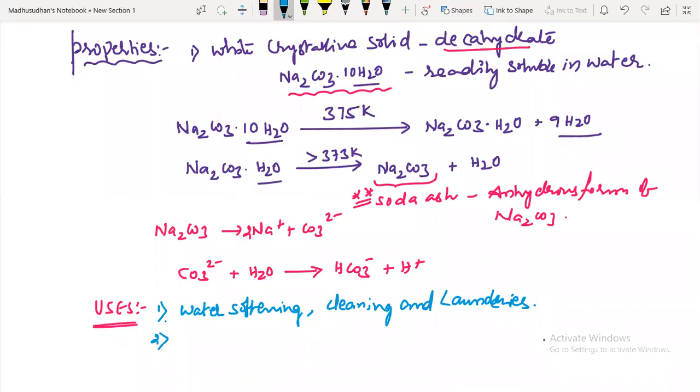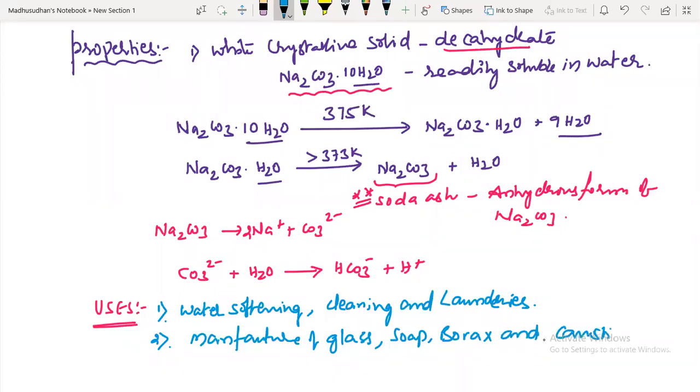It is also used in the manufacturing of glass, soap, borax, and caustic soda. Soap preparation, glass preparation, borax, and caustic soda will all come in our discussion. Don't worry.